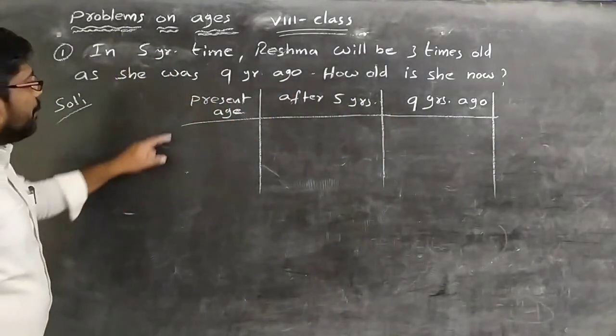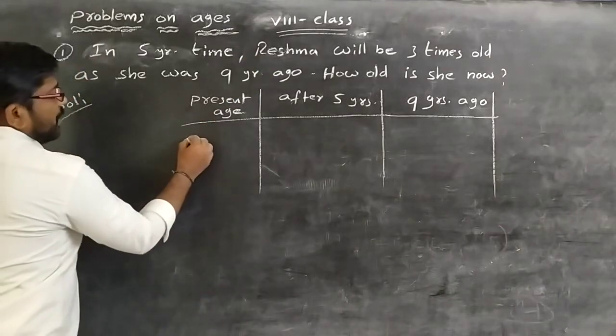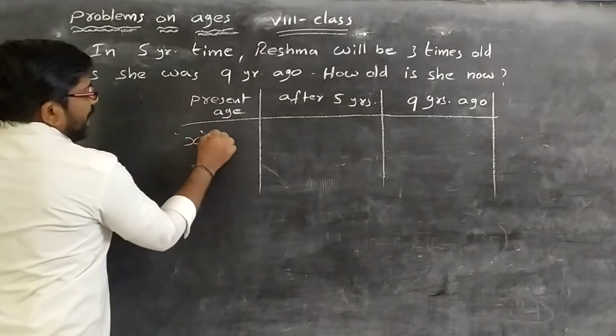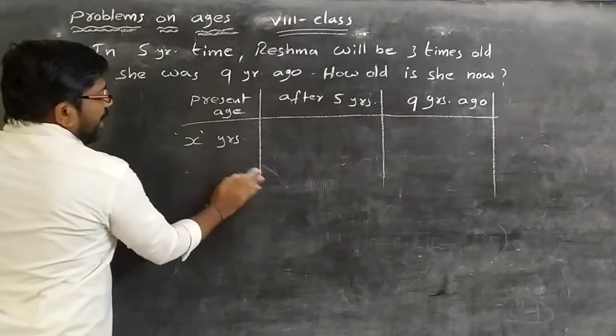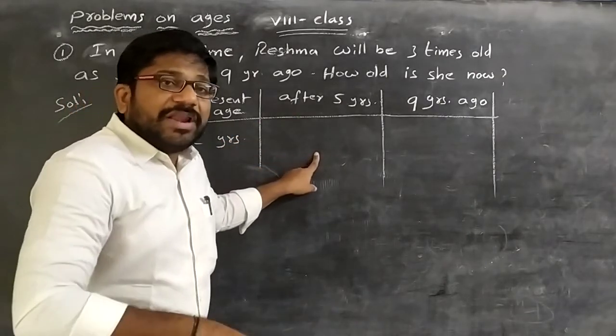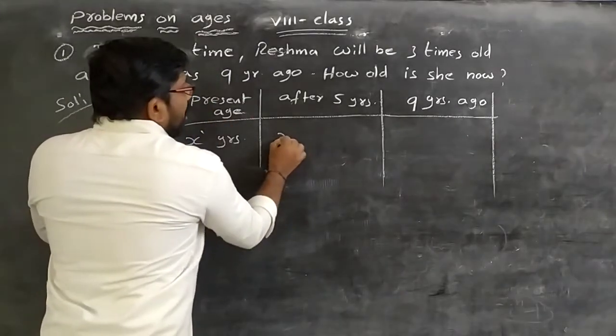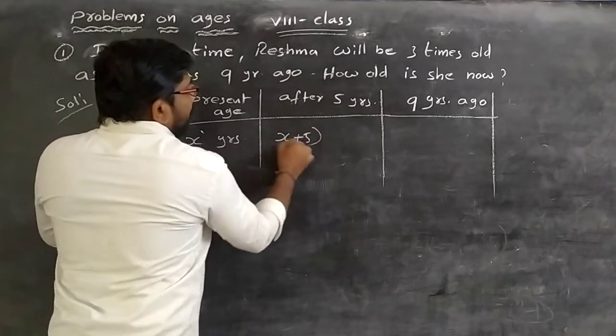The present age of Reshma, say x years. So after 5 years, what is her age? Present x, after 5 years her age is x plus 5.